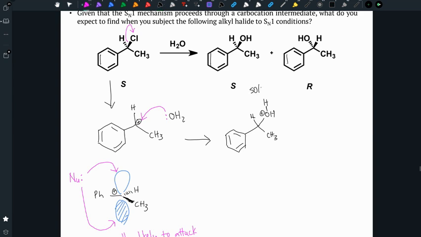Just like the last mechanism, we're going to have to end with a deprotonation step. And we can make both of these products. So the key takeaway is stereochemistry gets scrambled by the carbocation.